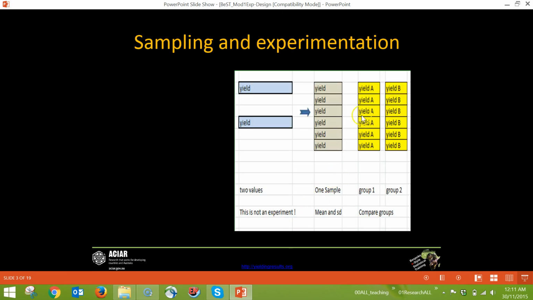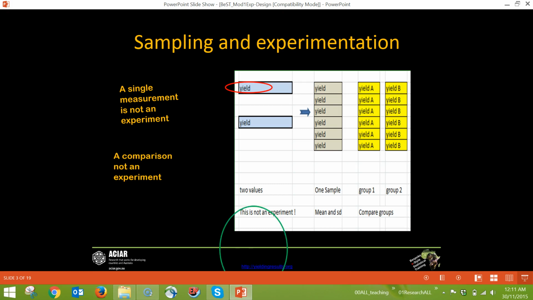So when we're thinking of doing an experiment, we could think of just taking two simple plots in a field and getting some values. A simple measurement is not an experiment, and even a comparison like this is not an experiment. We need to replicate.